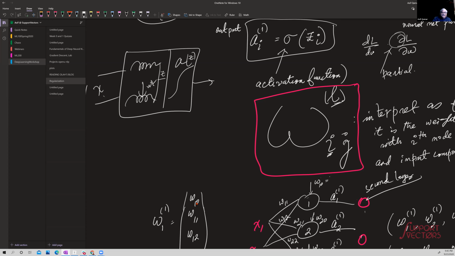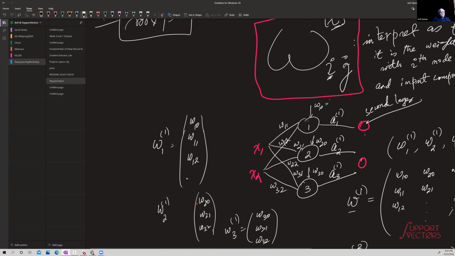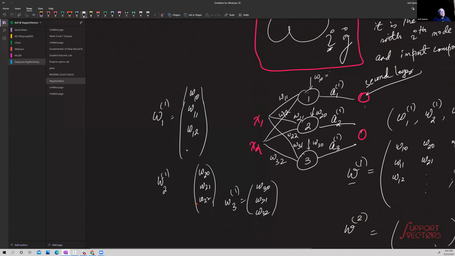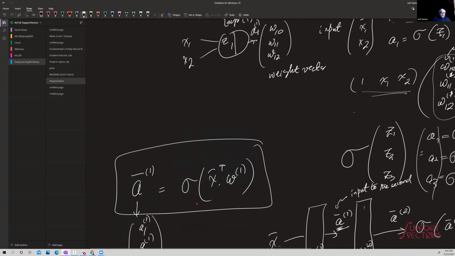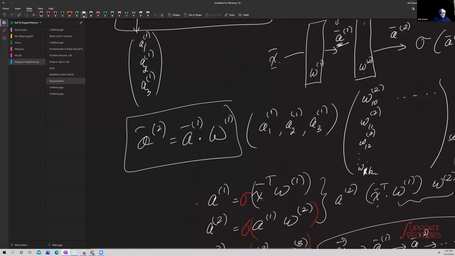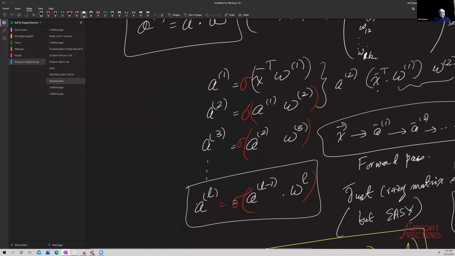So you need 3 indices to uniquely identify a weight in a neural network. This is a parameter, and we need to find some way to do gradient descent with respect to this weight. We need to use a bit of chain rule magic to be able to compute that.